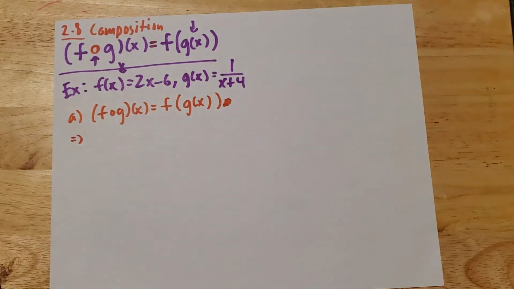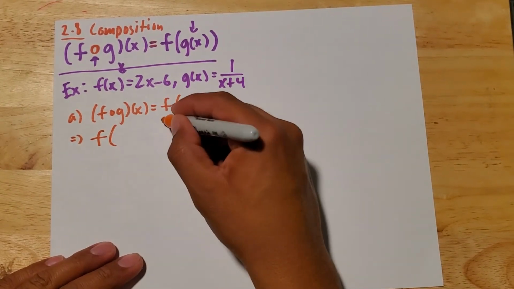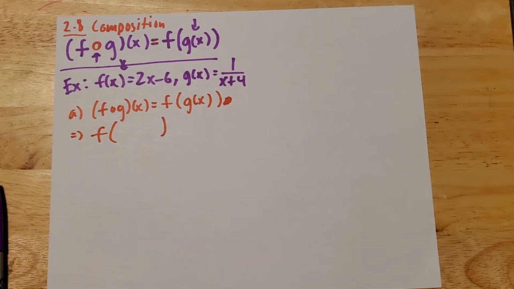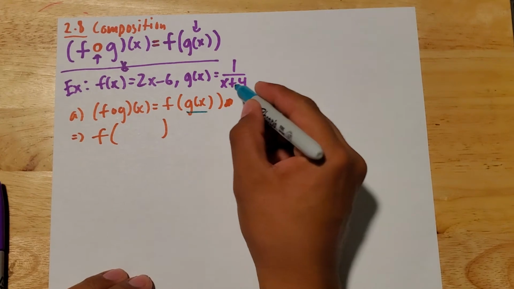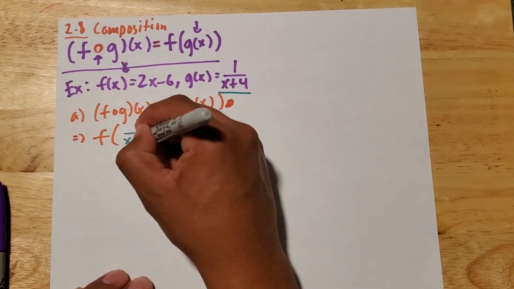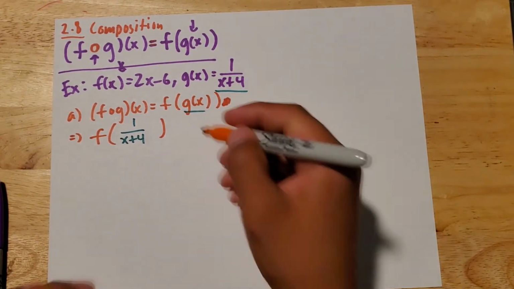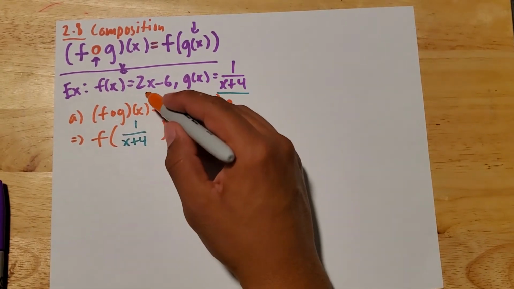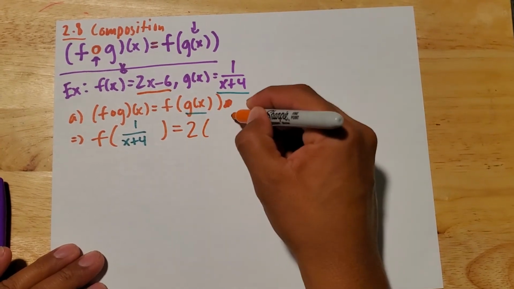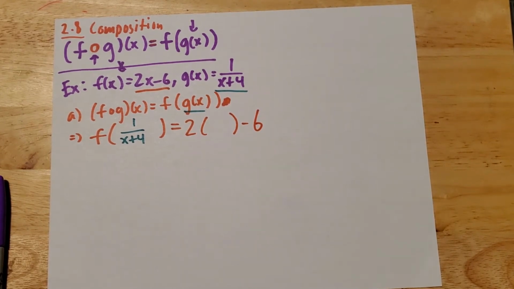People like to do this different ways. Sometimes what they like to do first is, before they plug it into f, they already replace g of x, because I know g of x is equal to 1 over x plus 4. So 1 over x plus 4. Now, that means for my f, which is 2x minus 6, everywhere I have my x, I'm going to replace it with that 1 over x plus 4.